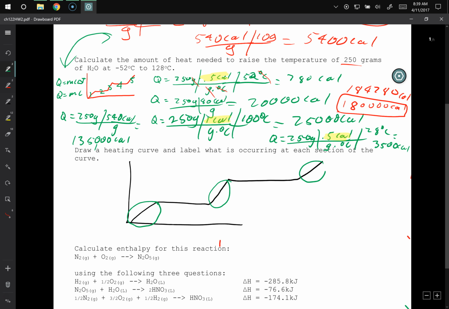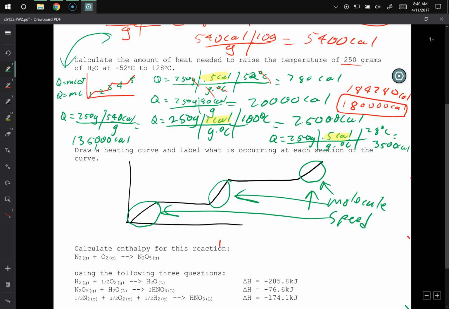And this part right here? All three of these parts are increasing the speed at which the molecules are moving. What's not happening there? They're not switching between phases. Yeah, there's no phase change there.